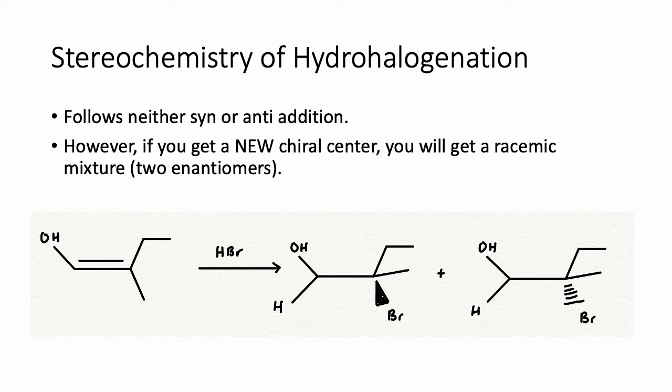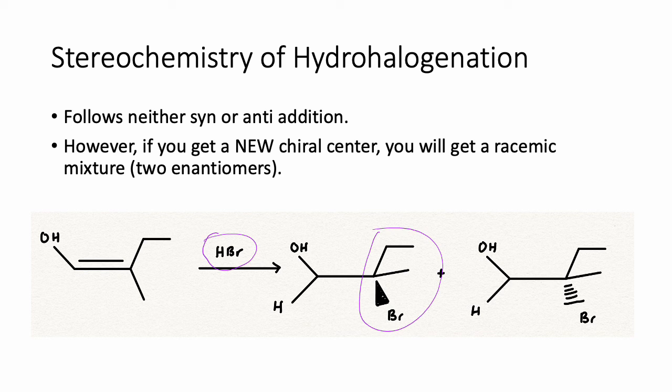So hydrohalogenation follows neither syn nor anti-addition. However, if you get a new chiral center, you will get a racemic mixture. So in this case, I'm adding HBr across the double bond, and I have no peroxides.